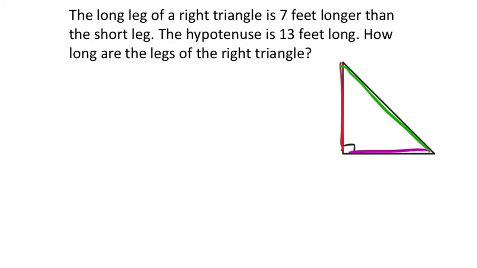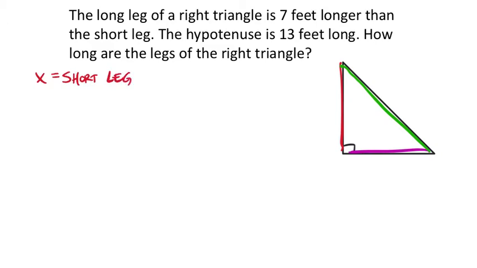In any case, we have the long leg of a right triangle. I don't really care that it's longer, but we see that it's 7 feet longer than the short leg. That's kind of crucial. So I'm going to formulate a variable here myself. I'm going to make it x. You can make it whatever you want, but I'm going to use x. I'm going to say that's the length of the short leg.